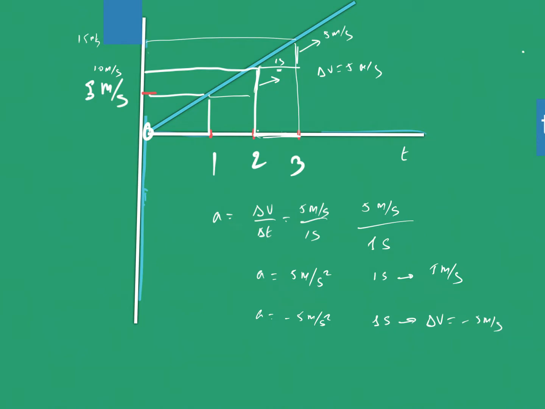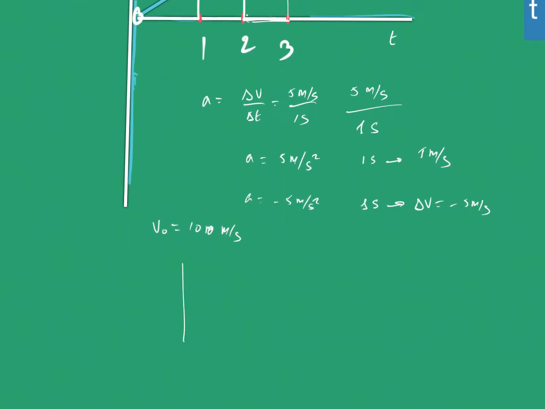If you start with an initial velocity of 100 meters per second, after 1 second your new velocity will be 95.